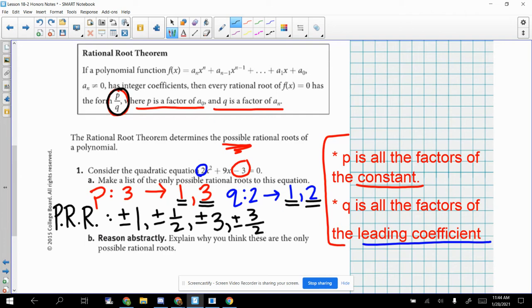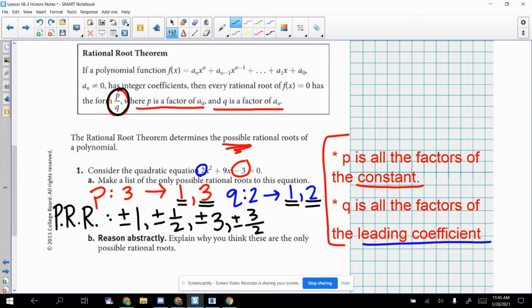So 3/2. Or if you wanted to write it as 1.5, that would be fine too. Okay. So these are all of our possible rational roots, meaning, okay, again, remember that zeros, roots, x-intercepts, they all mean the same thing, right? Solutions. So these are all of our possible solutions. +1, -1, +1/2, -1/2, +3, -3, +3/2, -3/2.